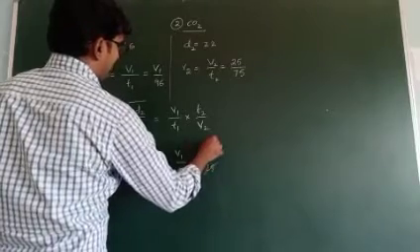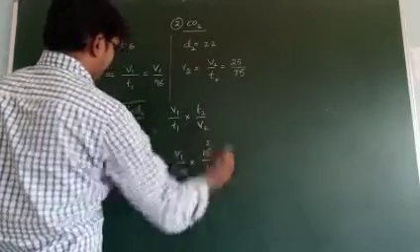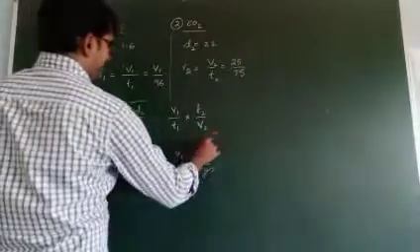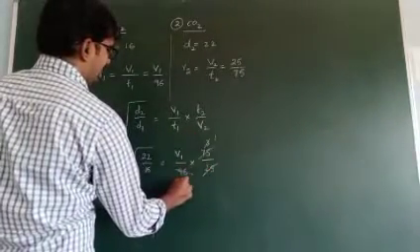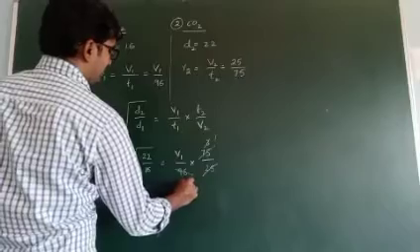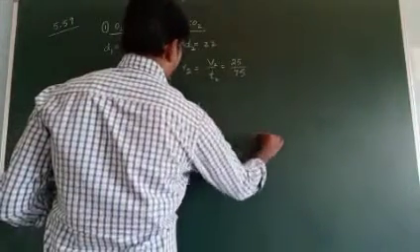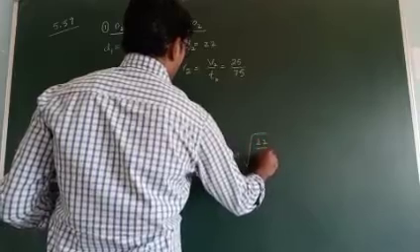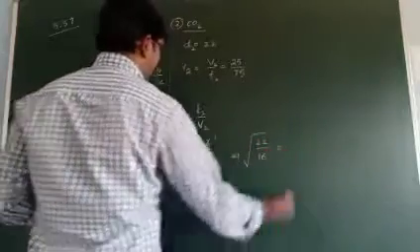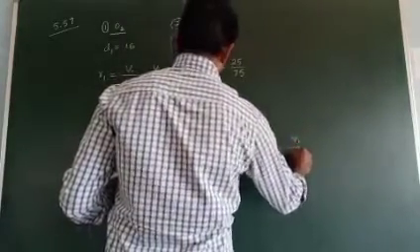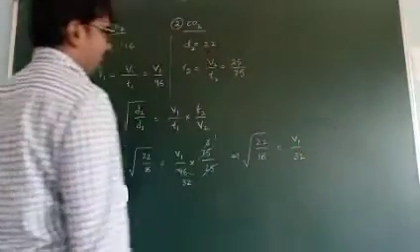25 ones are 25, 3 ones are 3, 3 threes are 9, 3 twos are 6. Okay, this is root over 22 by 16 equal to V1 by 32.